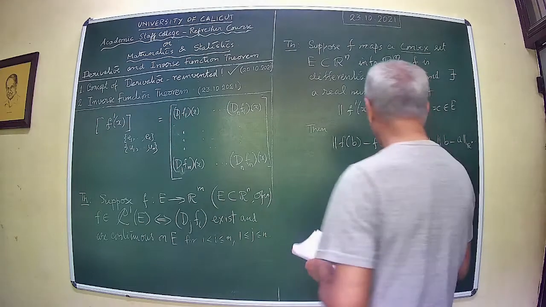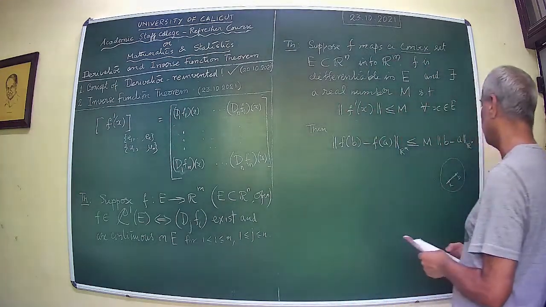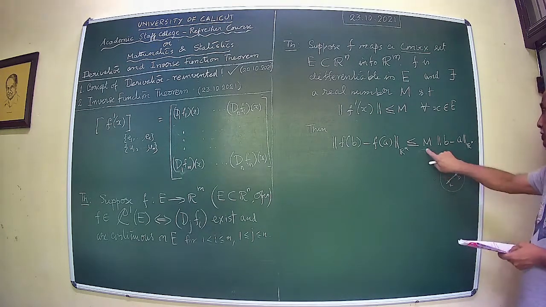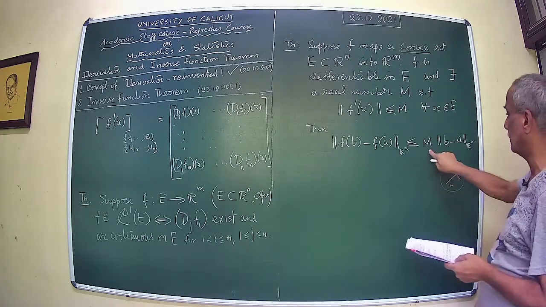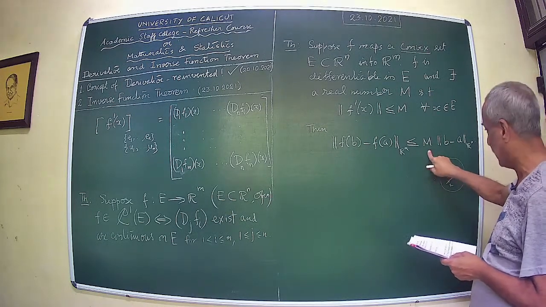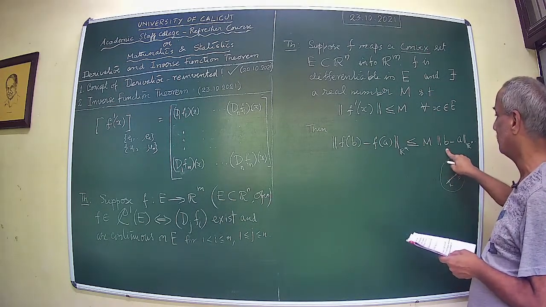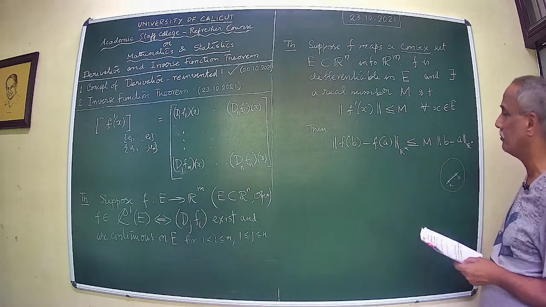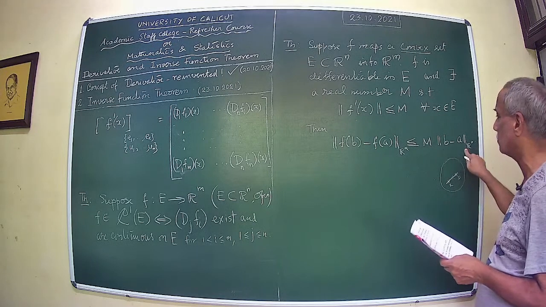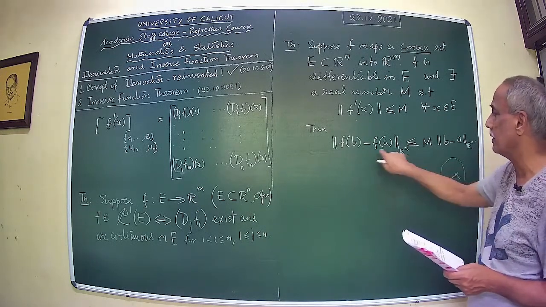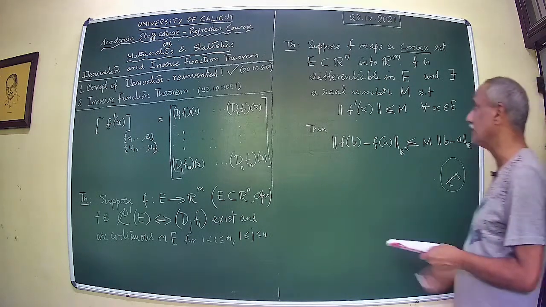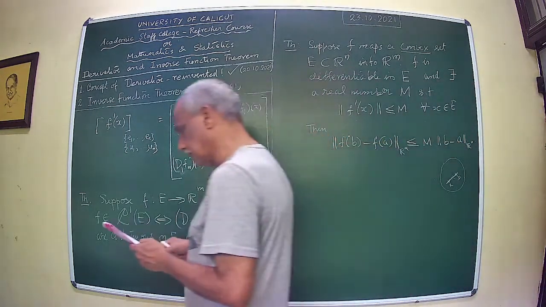Immediately you see that if the derivative exists and is bounded, then you have continuity assured. F is continuous. As B tends to A, you see that F(B) tends to F(A). So that's the consequence of this particular theorem.